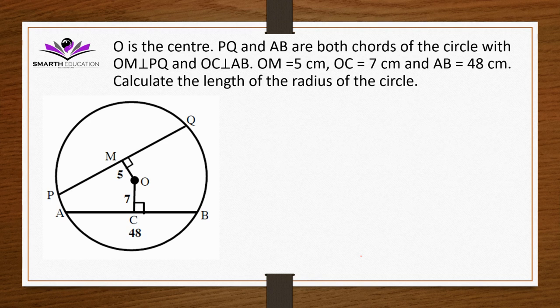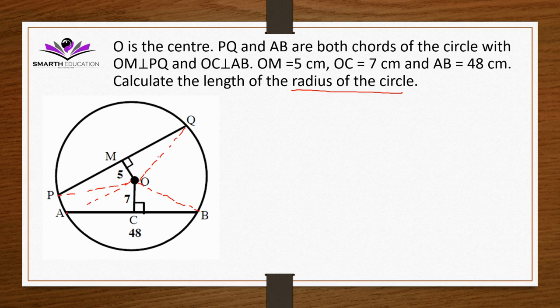Okay, let's try. Right, now we'll have to construct here because they say calculate the length of the radius of the circle. The radius of the circle, we don't have here. We have chords AB and PQ. So the radius, we have OA, we have OB, we have OP, and then we have OQ.